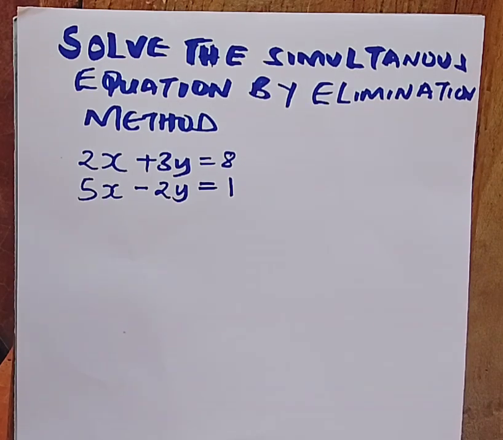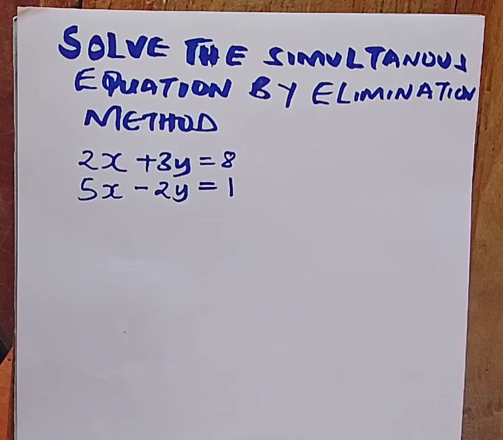Today I want to look at solving simultaneous equations, which is very important maths for grade 8 and grade 9 learners, and in senior school it is based on form 1 and form 2.